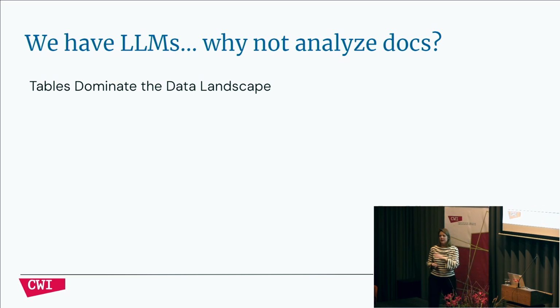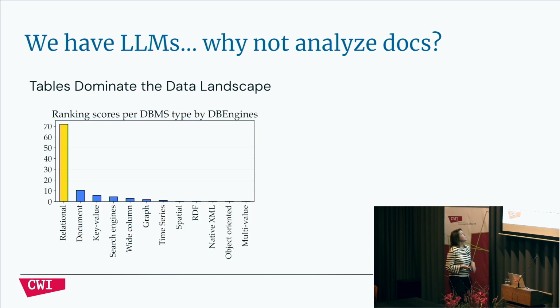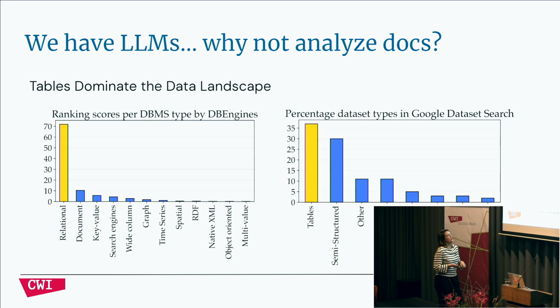Well, I think Andy actually touched on that. Tables really dominate the data landscape. If you consider the ranking scores of database management systems, you can see that the relational DBMS is actually the most popular. But also, if you consider data in the wild, for example, through Google Dataset Search, you see that the majority of the data is structured in the form of tables.